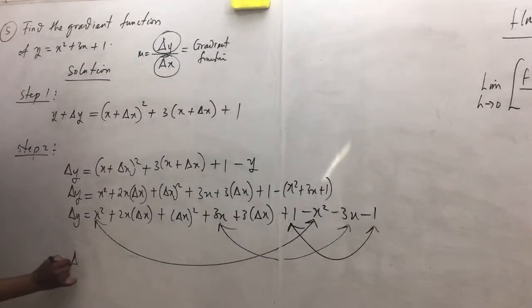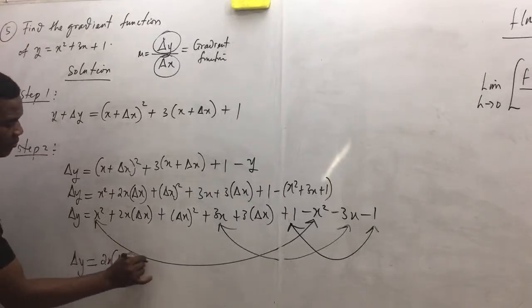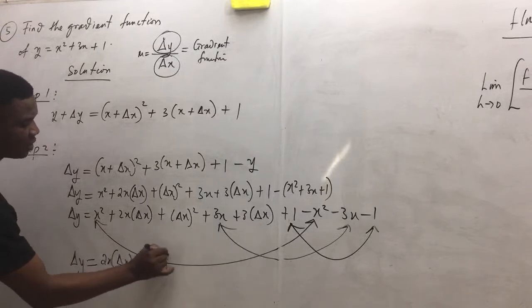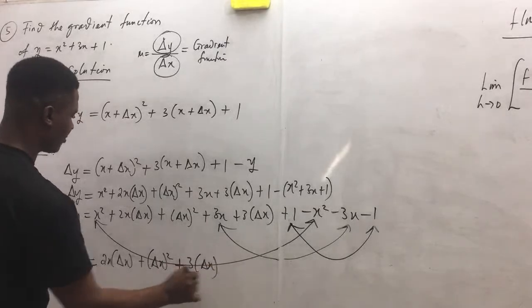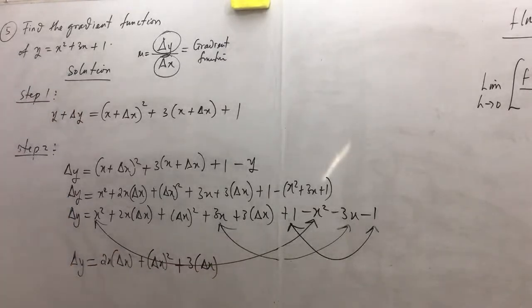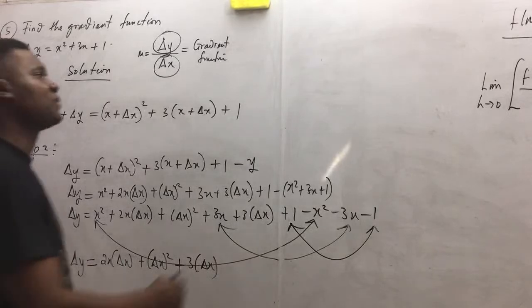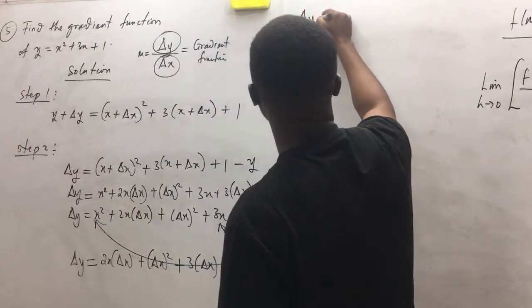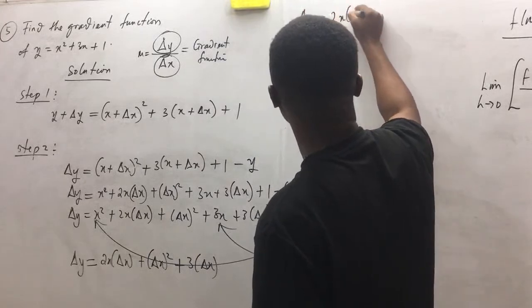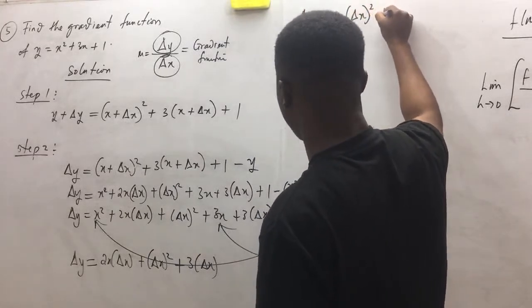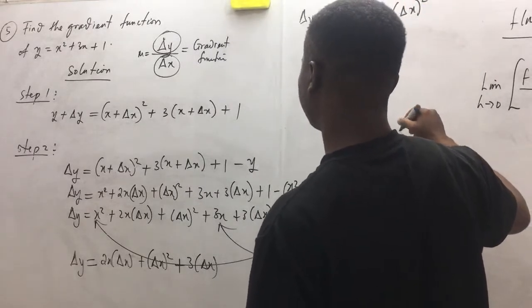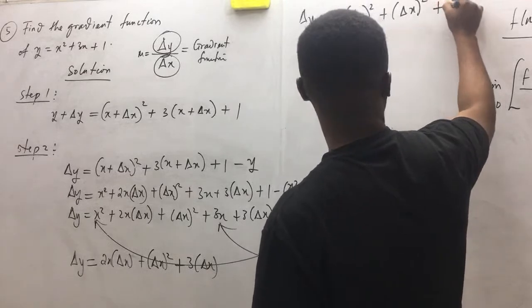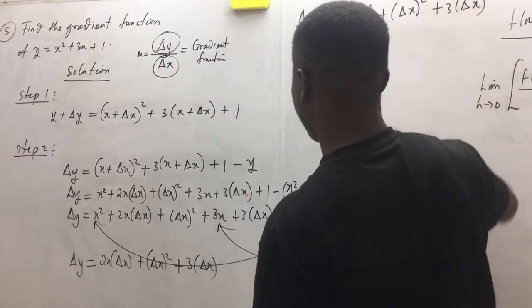So we will be left with change in y equals 2x in bracket change in x plus change in x all squared plus 3 change in x. So that's what we are going to have when every other thing cancels. Okay? Now, so what have we obtained? We've obtained change in y to be, simply put, 2x change in x plus change in x squared, plus 3 change in x, if I'm correct.